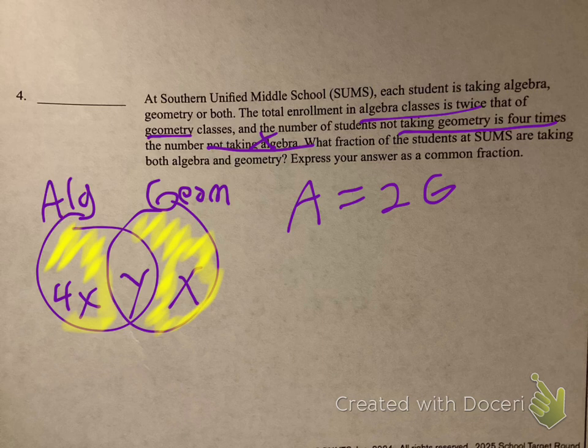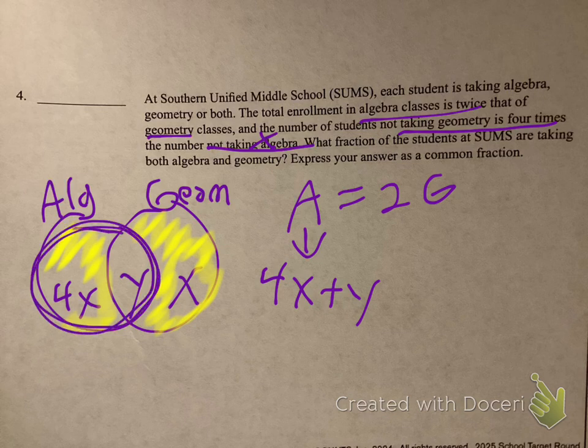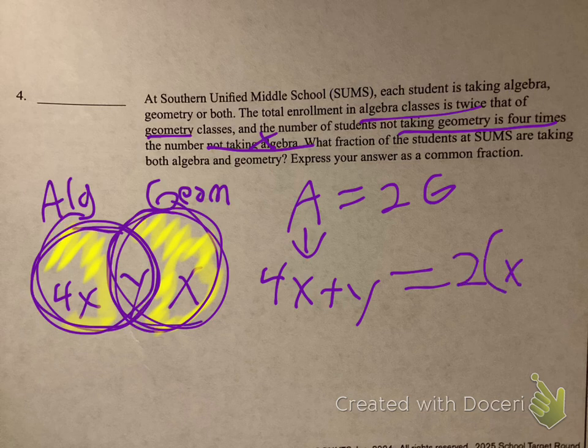So if I add up 4x plus y, that's the number of algebra students, because if I add up this whole circle here, it's 4x plus y. And then if I substitute in here for geometry, that geometry circle here is a y and an x, so it's 2 times x plus y.